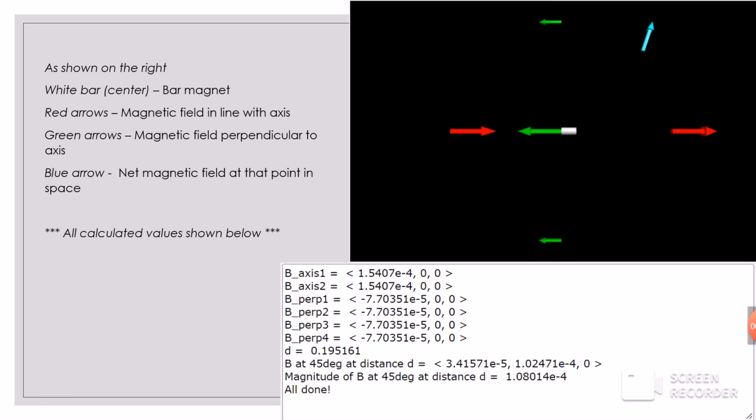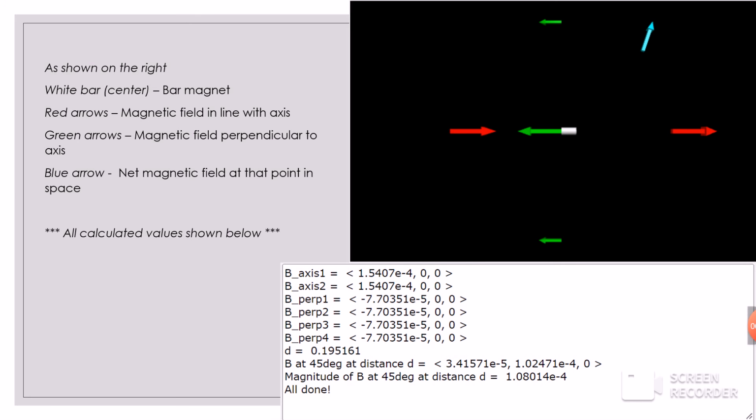Now here's the Glowscript model. As shown on the right, the white bar in the center is the idealized version of the bar magnet, whereas the red arrows represent magnetic field in line with the axis, green arrows represent magnetic field perpendicular to the axis, and the blue arrow in the top right corner represents the net magnetic field at that point in space.